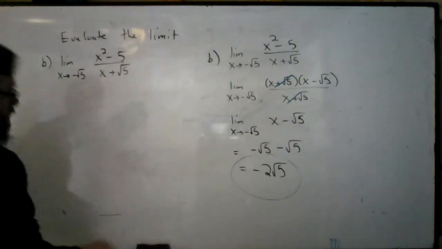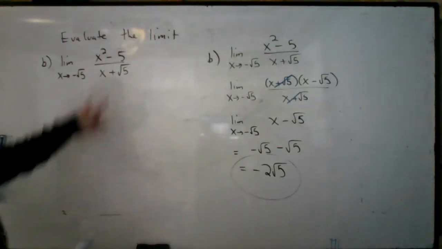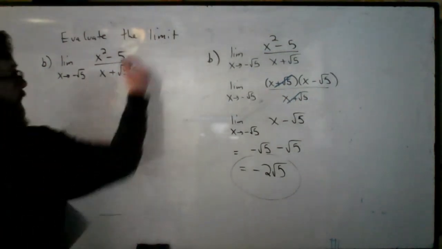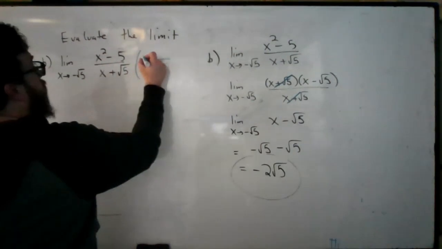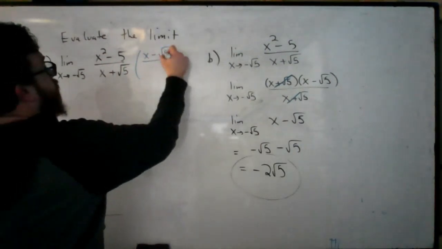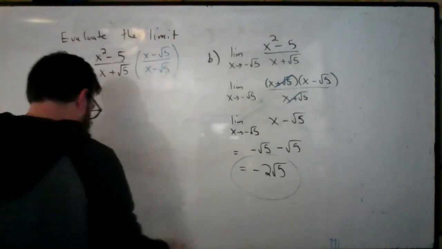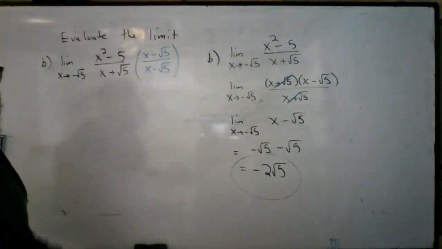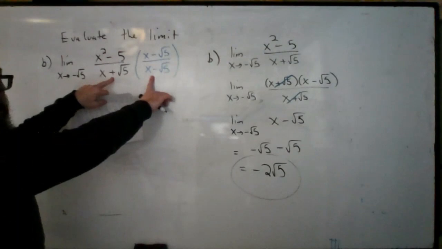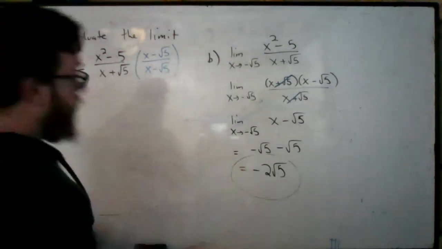So I'm going to multiply this expression by the conjugate of the denominator. So top and bottom, I have to multiply by 1. So this is going to be x minus root 5 over x minus root 5. And the only thing I'm going to expand out is the denominators. In the numerators, I'm going to leave them alone.